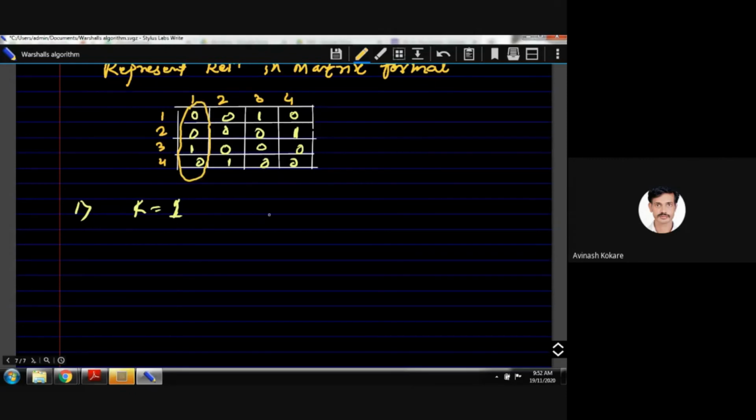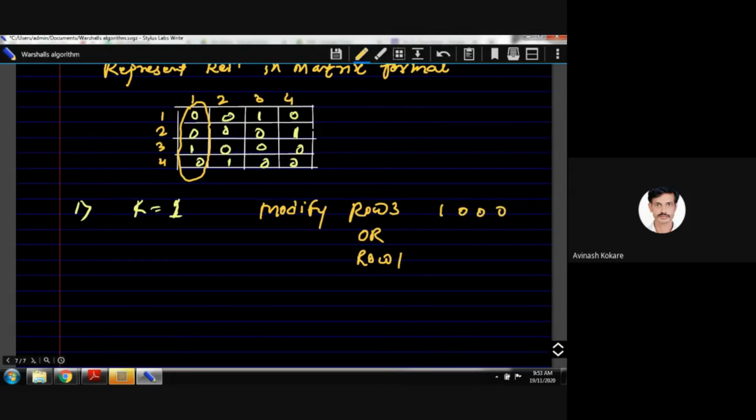So for k equals 1, modify the row that contains 1 in the first column. So row 3 by ORing with which row? Row number 1, because k equals 1. What is row 3? 1 0 0 0.